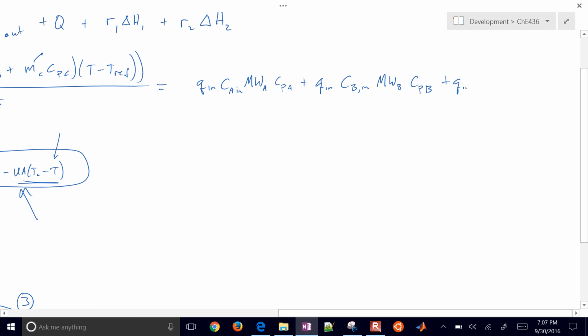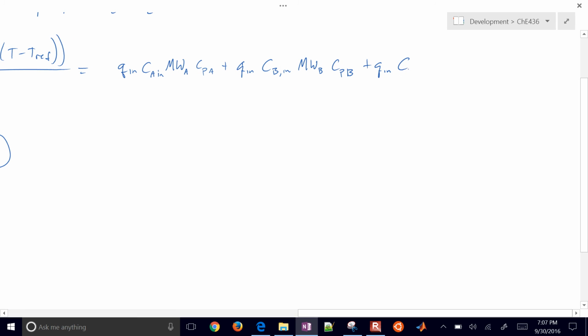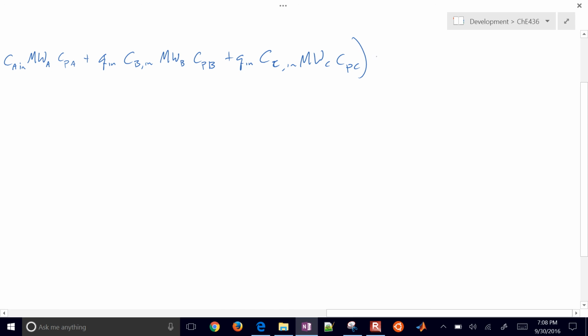Then plus the same thing for C as well: concentration of C in times molecular weight of C times the heat capacity of C. So all of this times T in minus T.